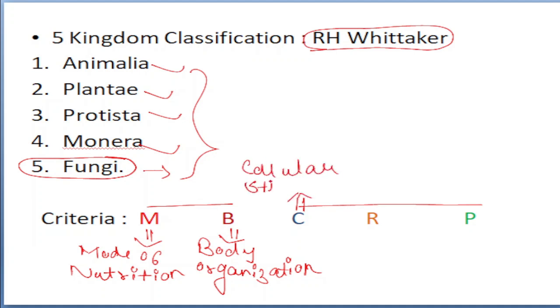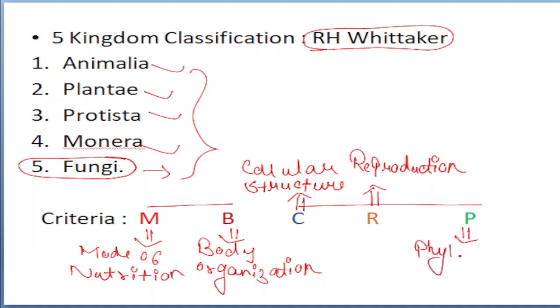R stands for reproduction, and P stands for phylogeny. So this was about the five kingdom classification.